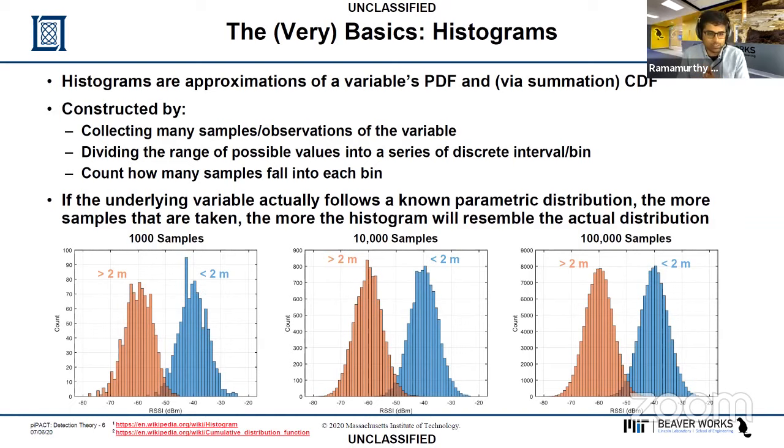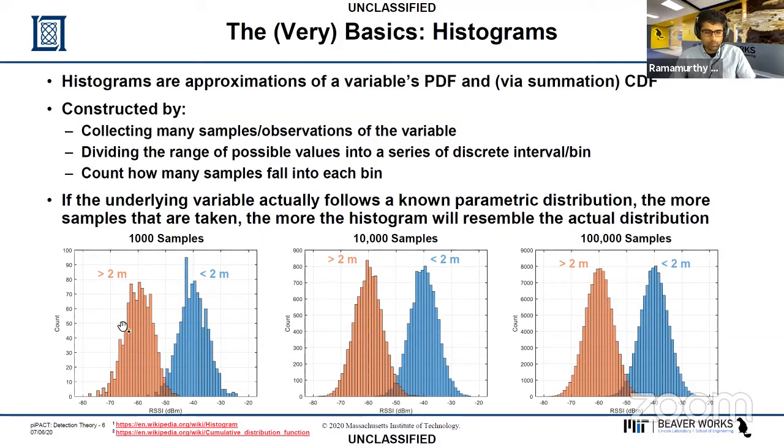So on average, the mean value should be higher than when it was further than 2 meters apart, which is why you see these two separated: the peak is here for less than 2 meters, and the peak is further down the RSSI scale, more negative, for greater than 2 meters. And this is fake data, just artificial data I created. They have identical variances, which is why their width is about the same.